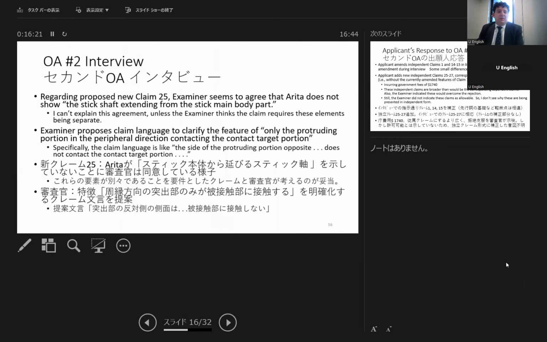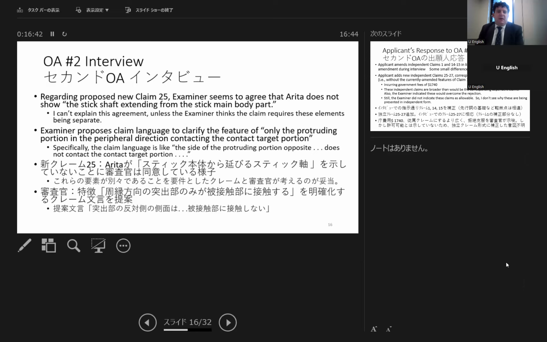I didn't include the dependent claims here, but regarding proposed new claim 25, the examiner seems to agree that Arita does not show the stick shaft extending from the stick main body part. I'll show you why later.